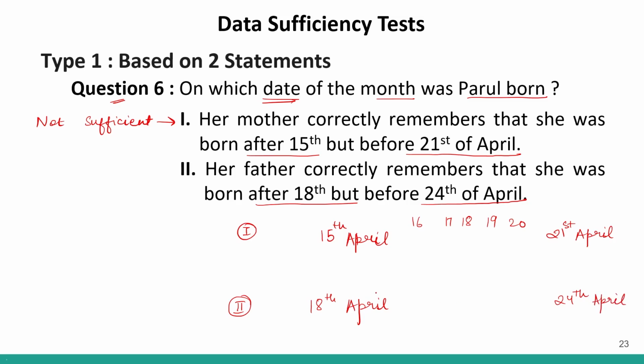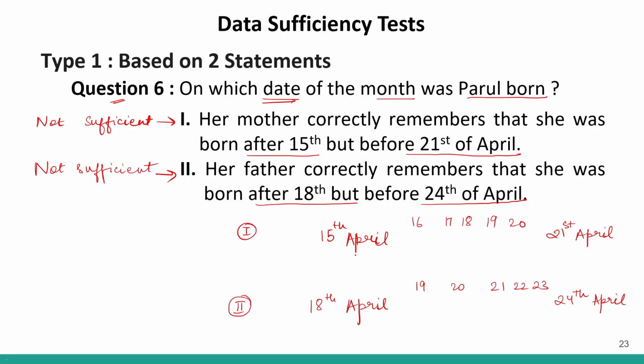So what are the possibilities? She could be born on 19, 20, 21, 22 or 23. So even with statement 2, we are getting 5 different possibilities. So this statement alone is also not sufficient. Correct?